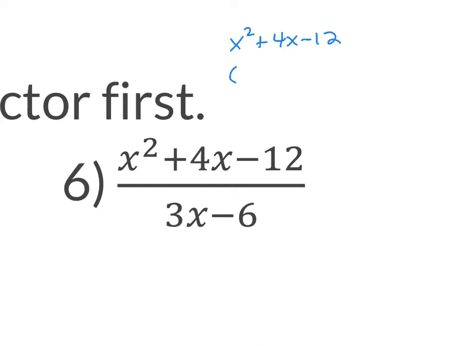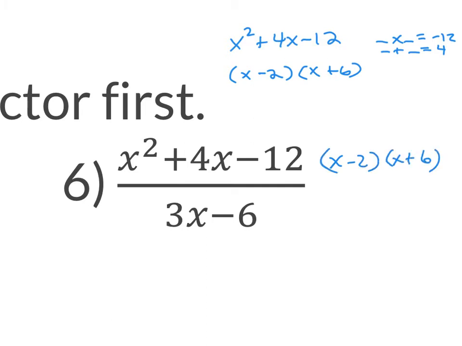So I'm looking for the 2 binomials that when I FOIL them gives me that trinomial. So I'm looking for the 2 numbers that multiply to give me -12, but who add to give me +4. So those factors of -12 are going to be -2 and +6.